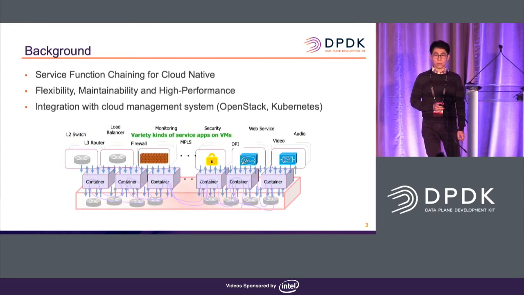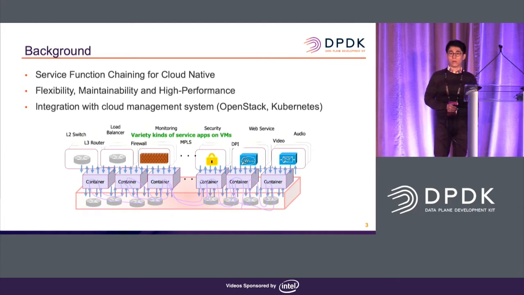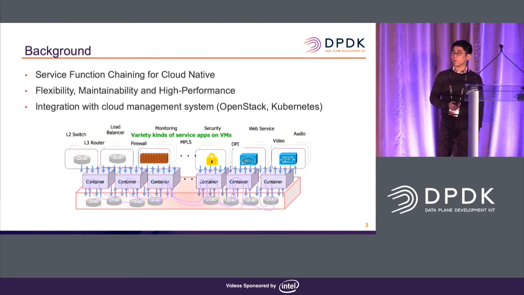So, background. NTT is one of the largest operator companies in Japan. We have provided several kinds of services by using several kinds of network components such as load balancer, firewall, switch. Now our services are running on dedicated physical hardware for keeping the service quality, reliability and high availability.